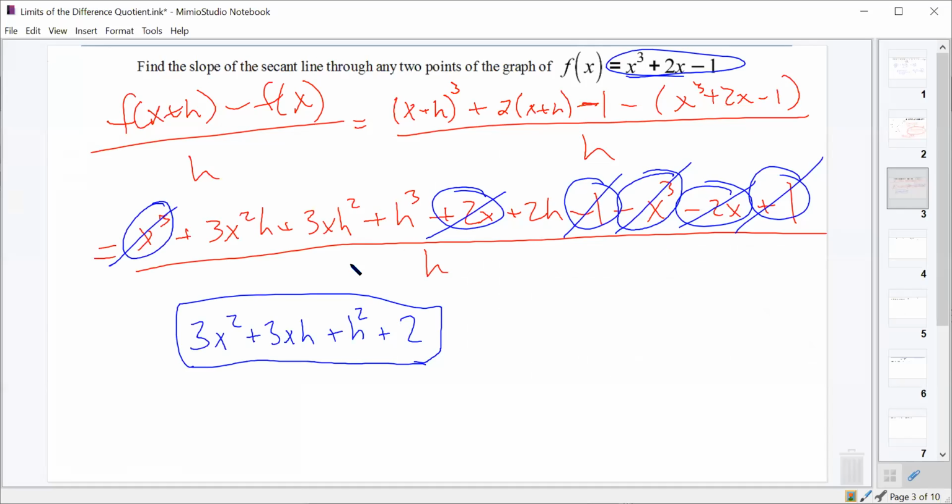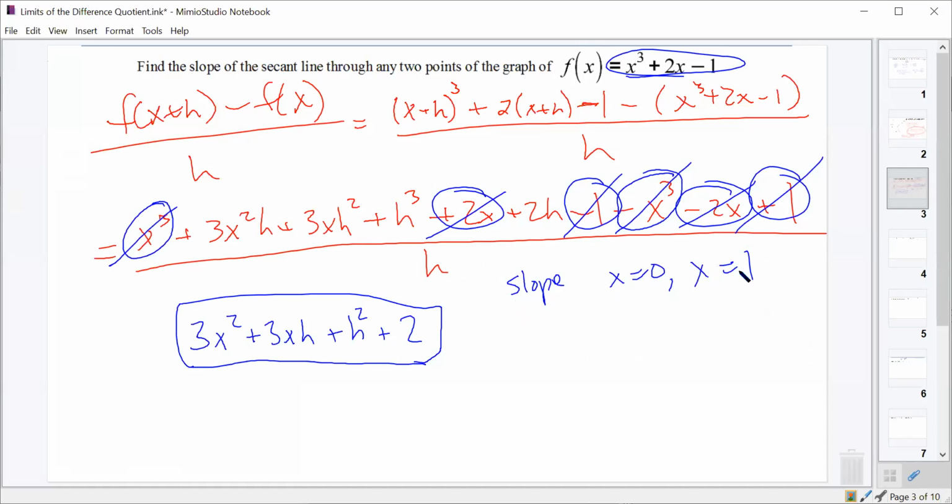Oh wait, I think it was plus 1. Oh no, never mind. Sorry. Okay. So we're going to find the slope between x equals 0 and x equals 1.